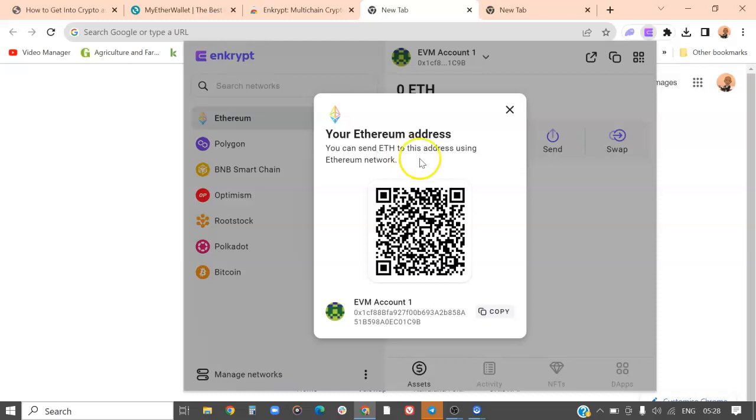This is your public key, and you can use it to receive coins from Optimism, Arbitrum, Polygon, Binance Smart Chain, just name it. The only question you need to ask is whether the blockchain is EVM. As long as it's EVM, you are good to go.